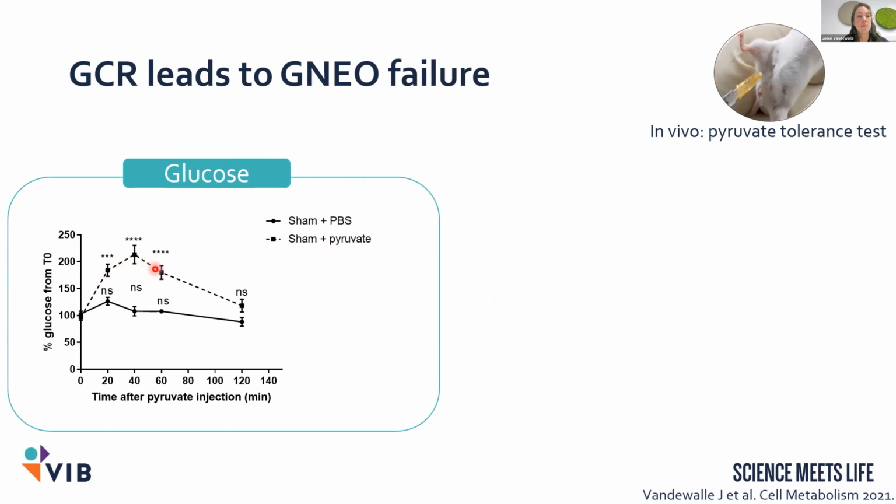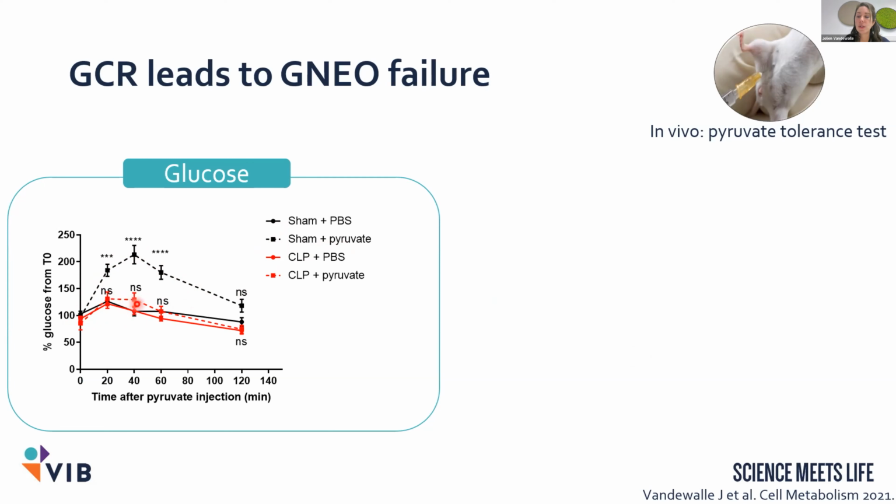So glucose is produced upon the pyruvate injection. When we inject pyruvate in our septic mice, there is almost no glucose produced. As you can see here, it seems that we actually have injected nothing in those mice. There is no glucose response in the septic mice injected with pyruvate.